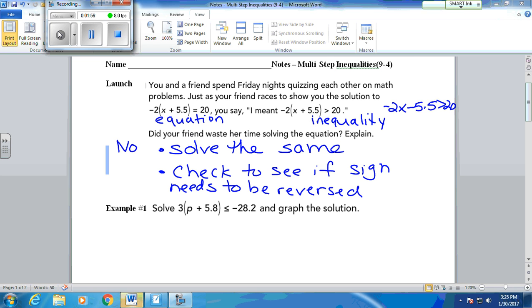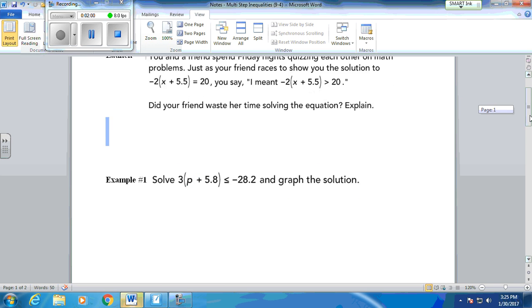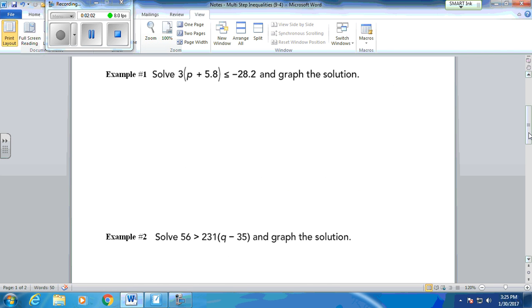So we're jumping into example number 1, jumping into a lot of things here today. It says, solve 3 times the quantity p plus 5 8/10 is less than or equal to -28 2/10, and then also graph the solution. So this one is really nice because it's giving you a lot of space, but normally I would ask you to start by rewriting this inequality.